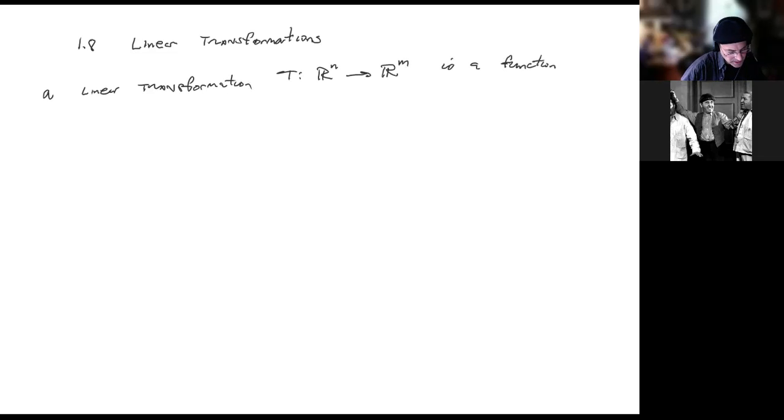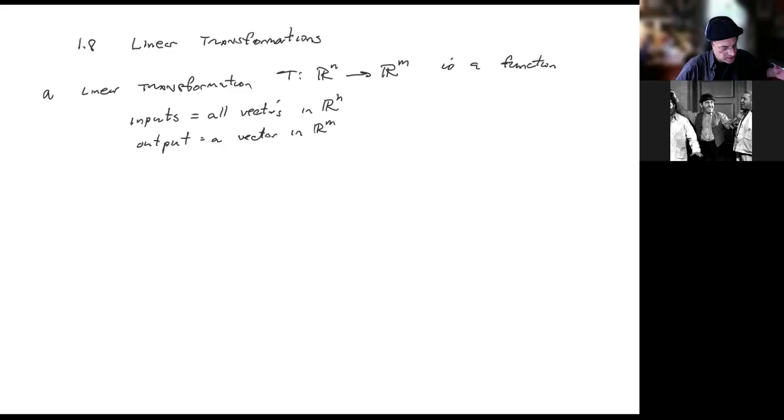Now remember that a function is a rule which has inputs and outputs, where the inputs are all vectors in Rn, and each input gives an output, which is a vector in Rm. So it's a rule. Think of it as a machine. You stick in a vector in Rn and out pops a vector in Rm.